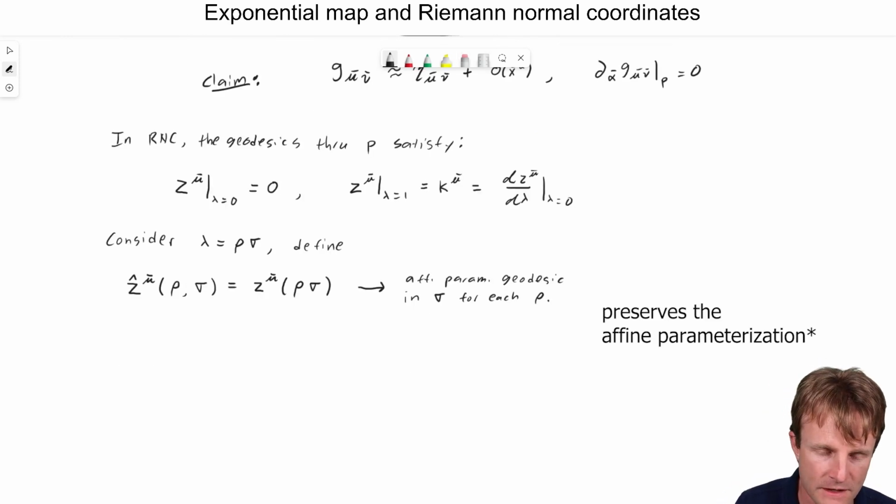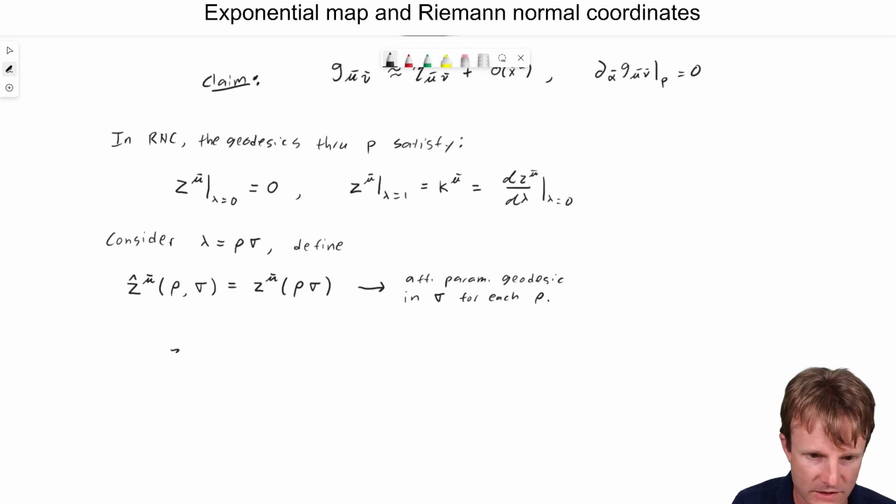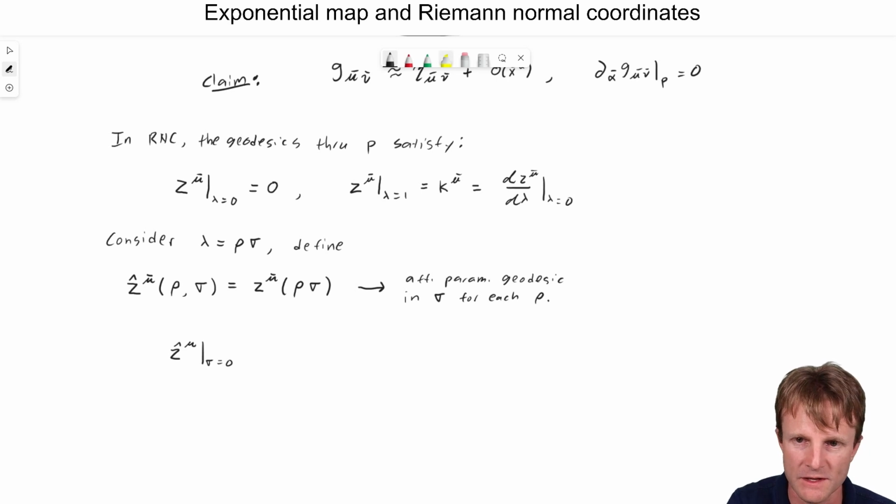Let's write out the conditions of this geodesic. So what's its initial condition? So this z hat mu, viewed as a function of sigma at sigma equals 0, well, we just plug sigma equals 0 here, but that's just the same as z mu bar at lambda equals 0, which is 0.